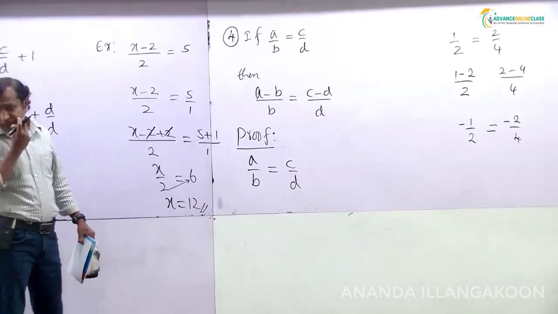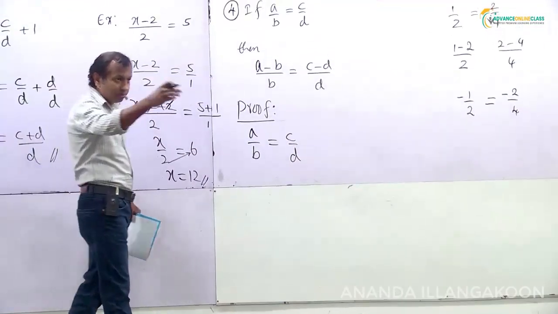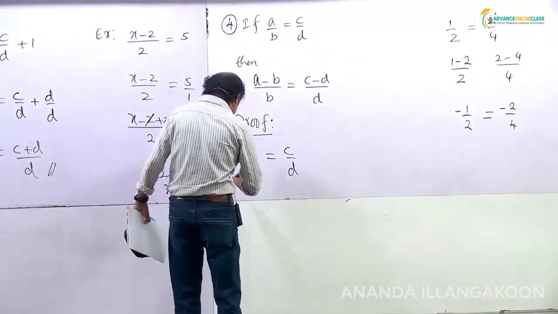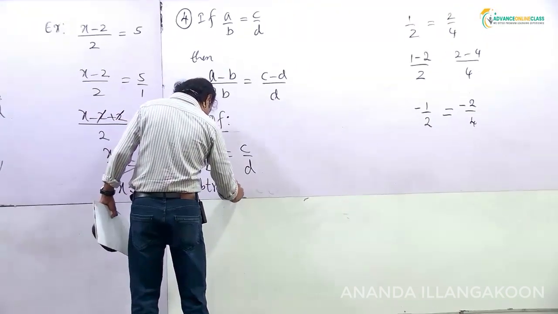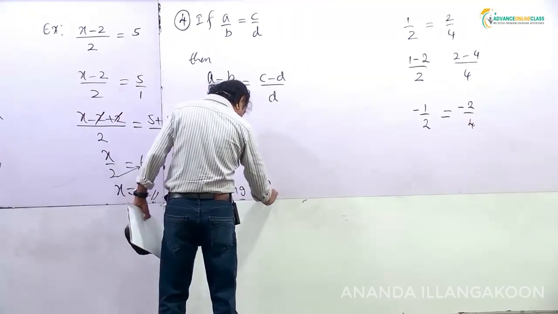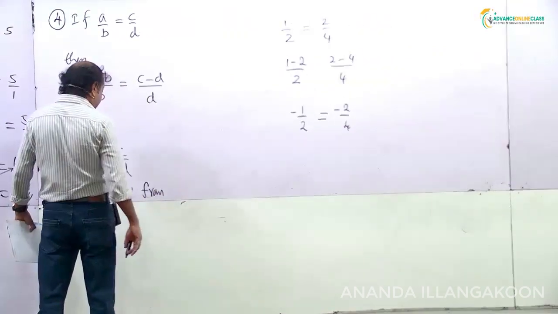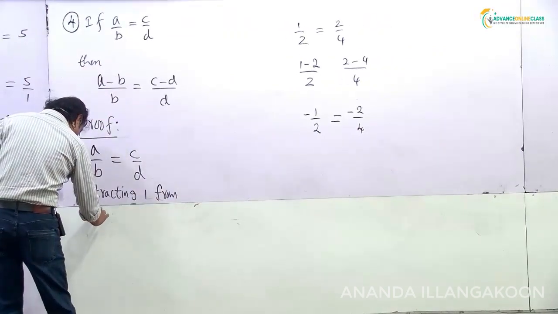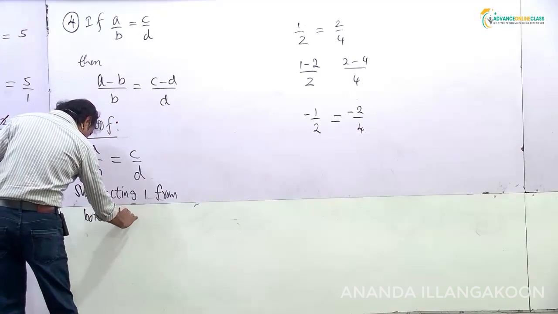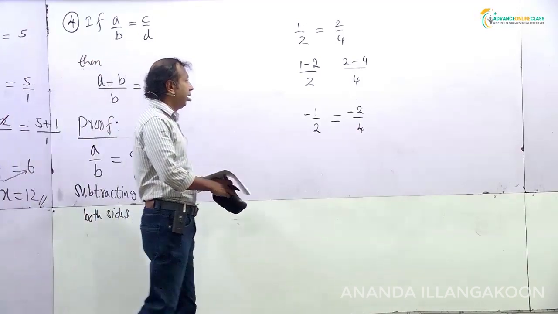Subtract 1 from both sides. Right. Subtracting 1 from both sides. You know? Right. And prove that result.